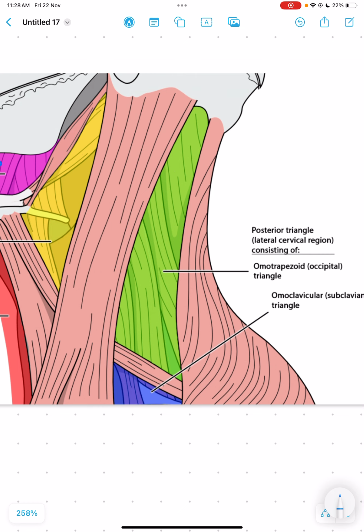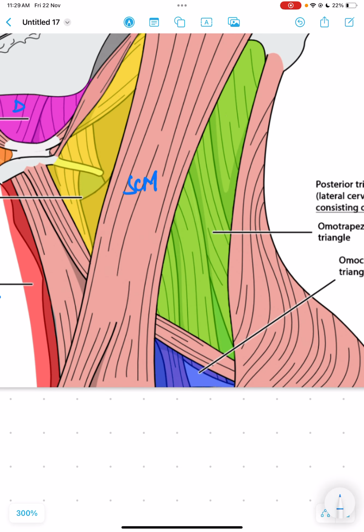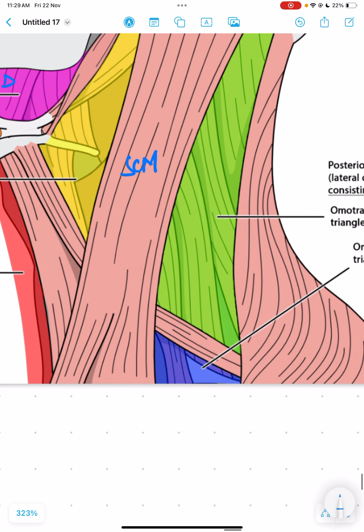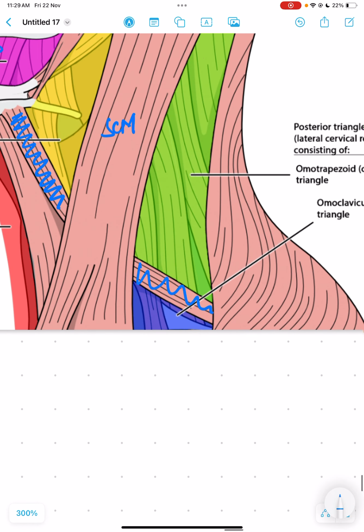This is our sternocleidomastoid muscle. This is the belly of omohyoid. This structure is the superior belly of omohyoid, and this structure is our inferior belly of omohyoid.